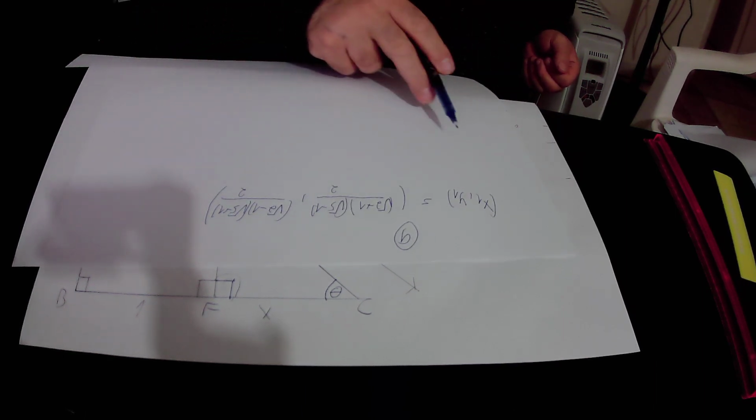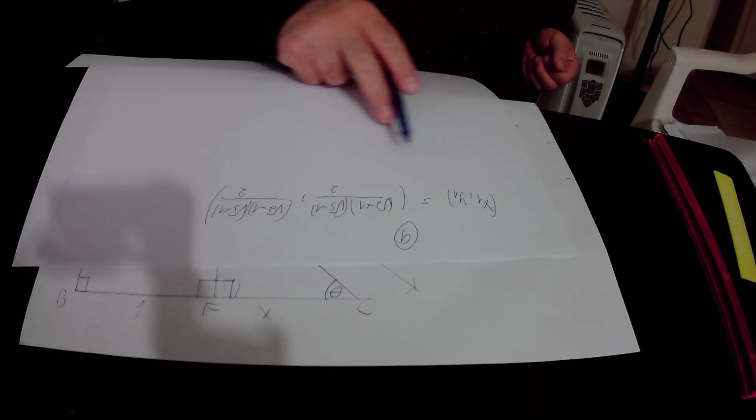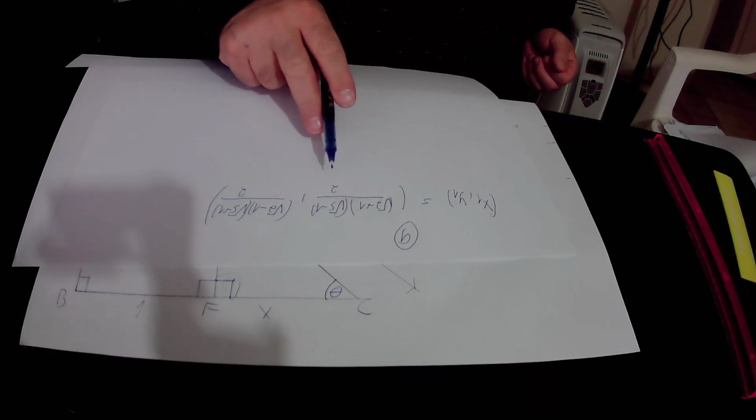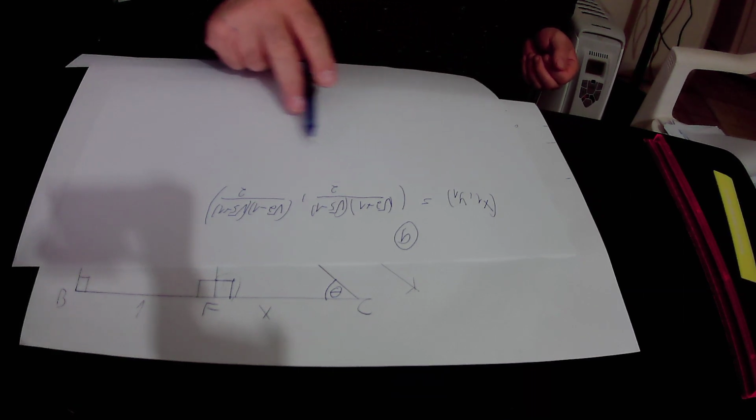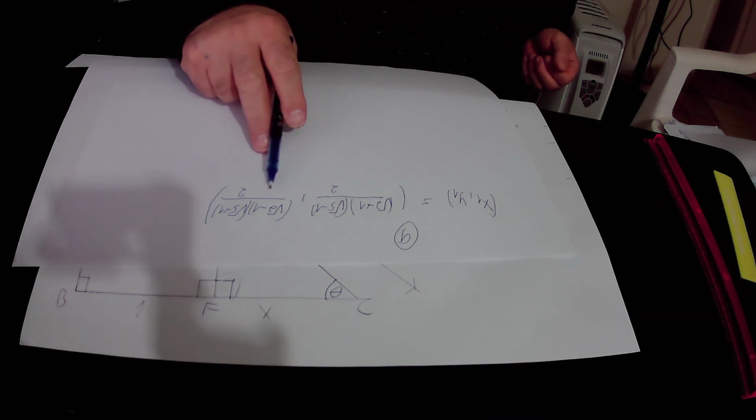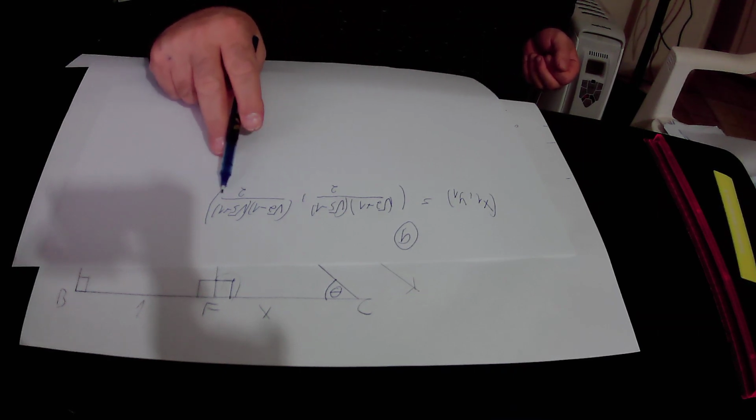So this is the first solution. x1 equals to square root of 2 plus 1 times square root of 5 minus 1 over 2, and y1 equals to square root of 2 minus 1 times square root of 5 plus 1 over 2.